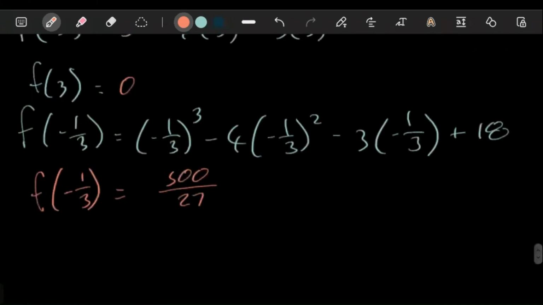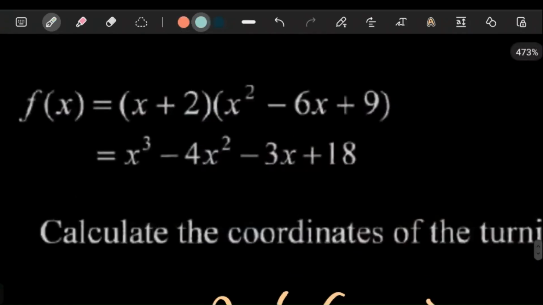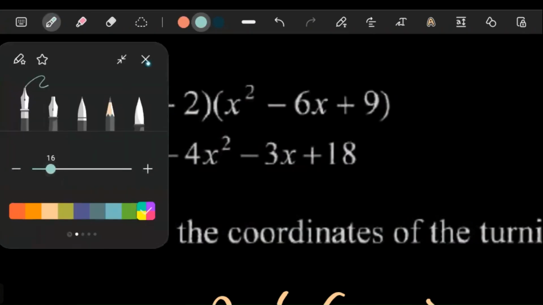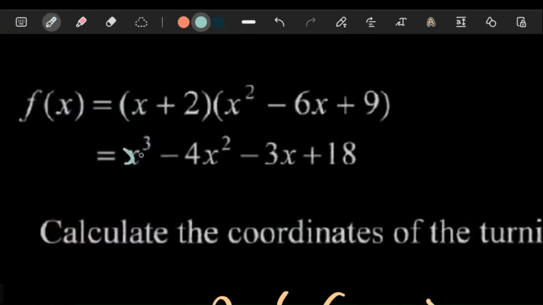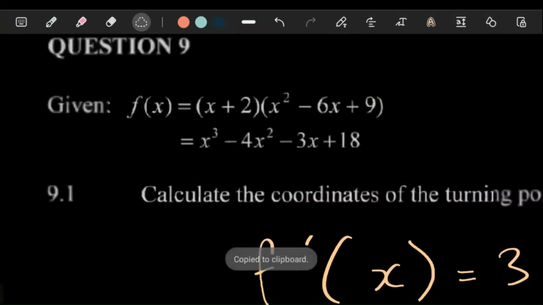Let's get the equation of our graph first, and then we can get our intercepts. The moment we get our intercepts, we can then just sketch the graph easily. I just want to copy this here.